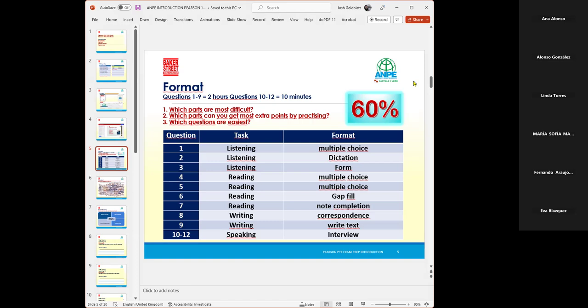So in number 3, you will listen to somebody speaking about a particular topic, about animals or about food or about history. And you have to fill in some dates or some words about what the person is saying. Okay?